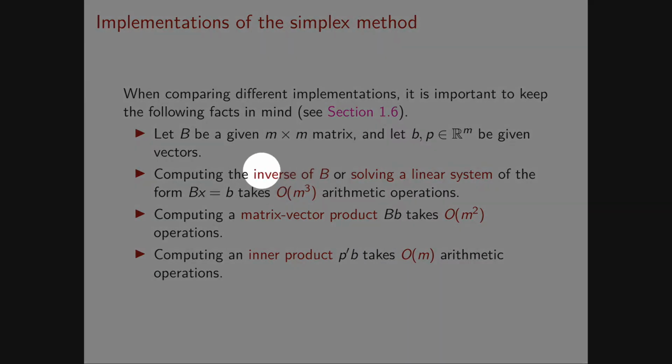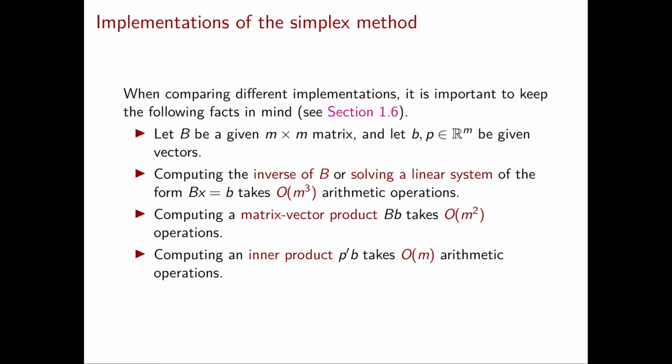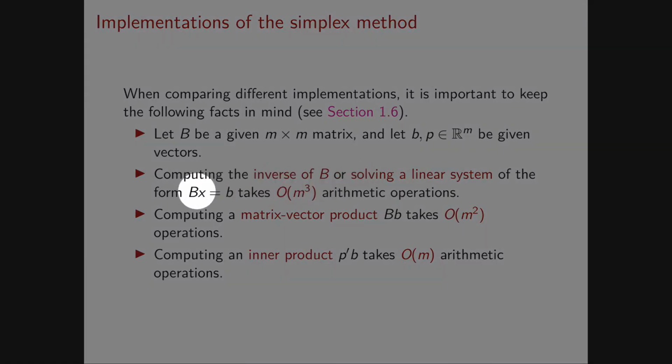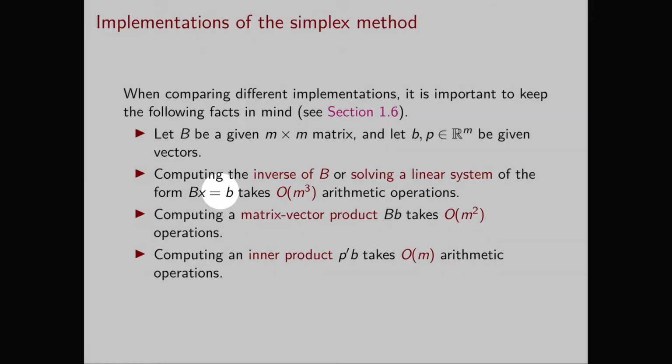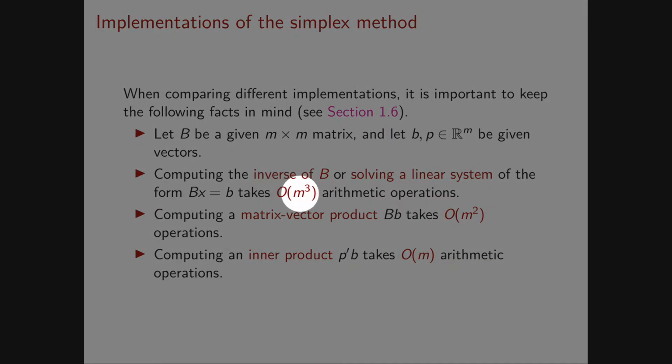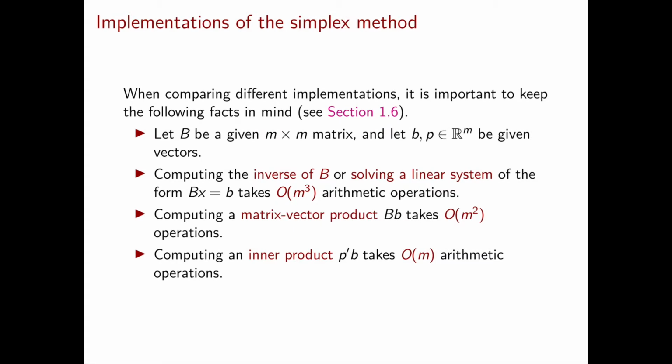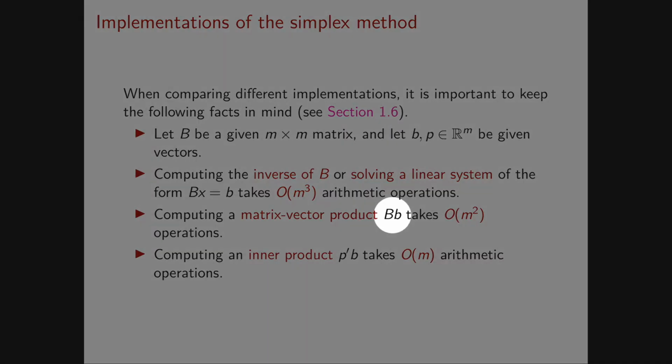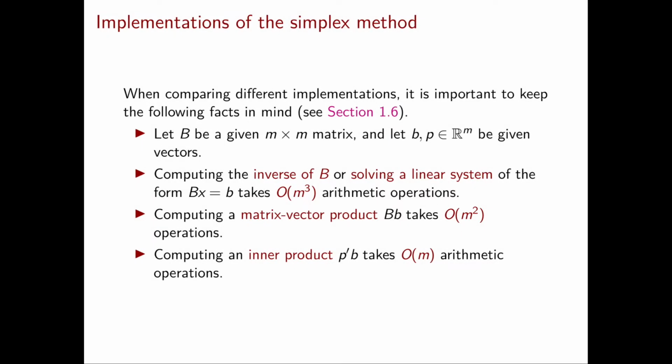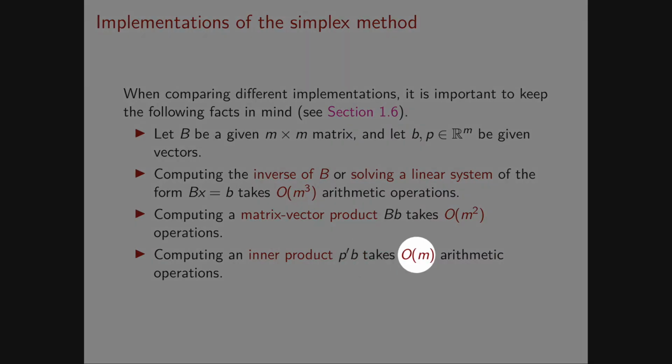Then, whenever we need to compute the inverse of B, or if we need to solve a linear system of the form Bx equal to b, this takes big O of m cubed arithmetic operations, as we have seen in section 1.6. On the other hand, if we need to compute the matrix vector product Bb, this takes O of m squared operations. Finally, if we only need to compute an inner product p transpose b, this takes O of m arithmetic operations.